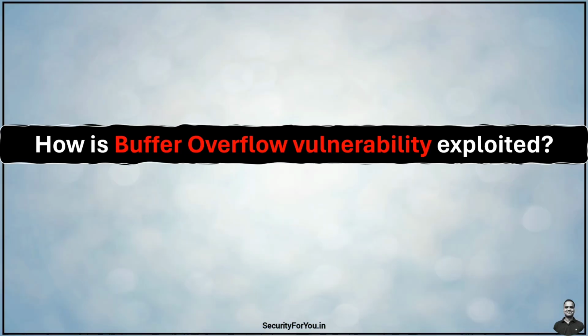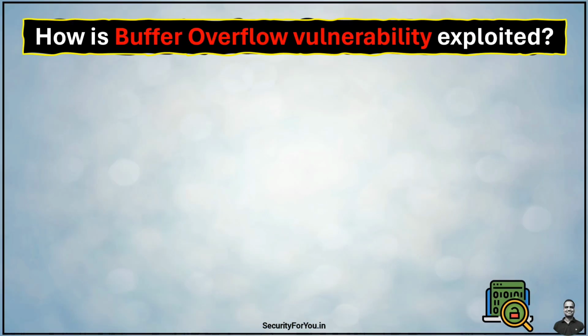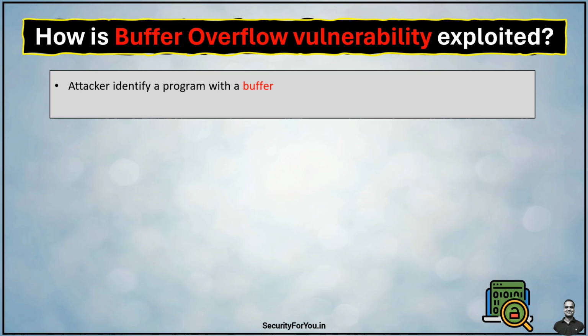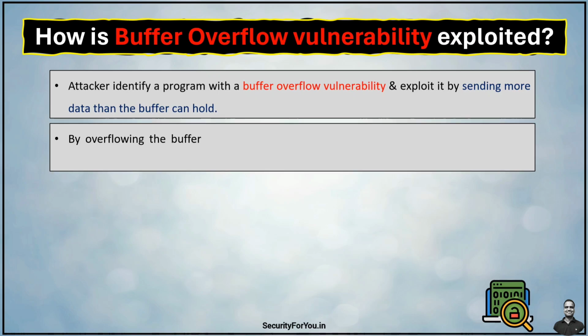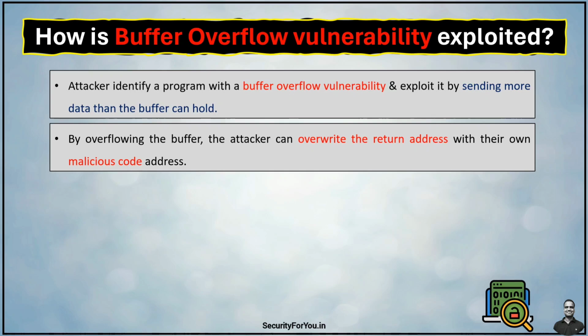Let's take an example and understand how a buffer overflow vulnerability is exploited by attackers. The first step for the attacker is to identify a program with a buffer overflow vulnerability and exploit it by sending more data than the buffer can hold. By overflowing the buffer, the attacker can overwrite the return address with their own malicious code address.